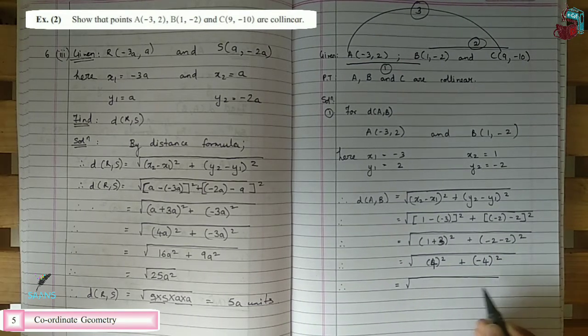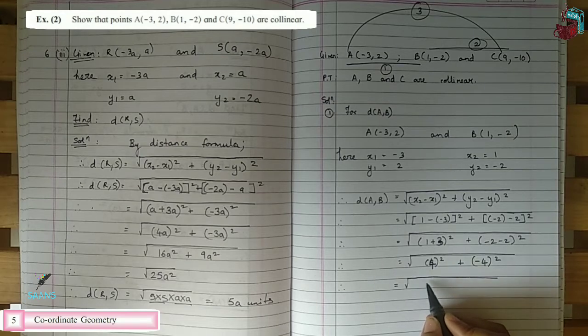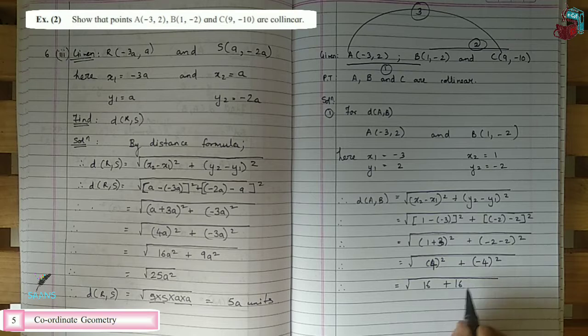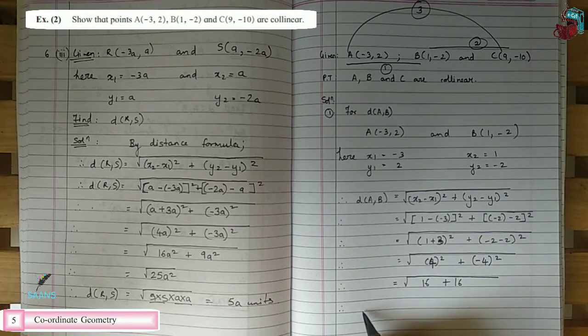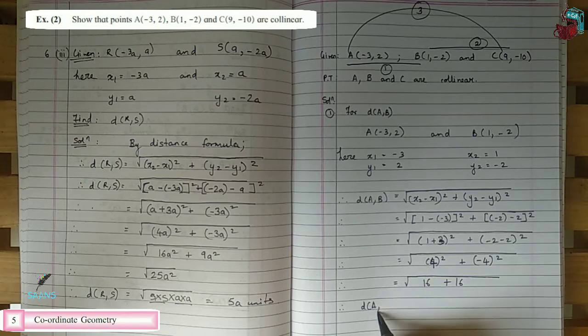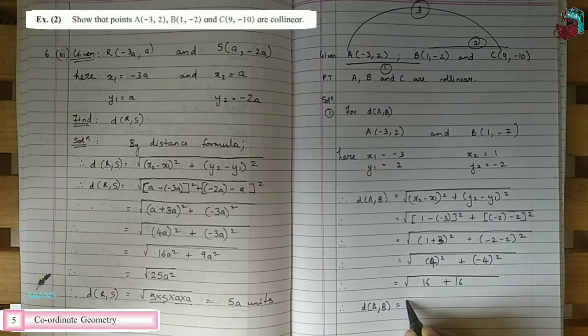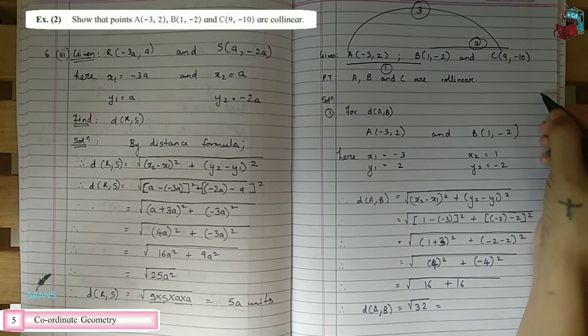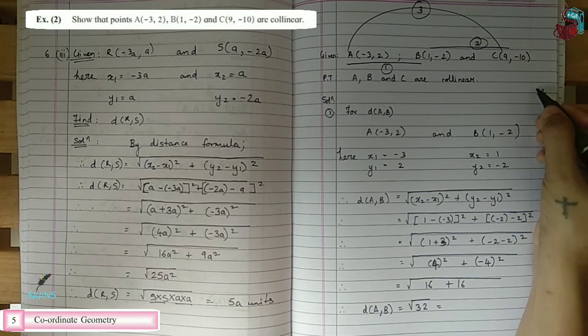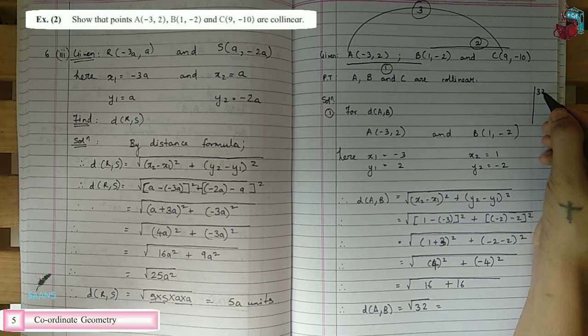So here use the distance formula only. 4 4s are 16, plus 16. Okay. Therefore, distance A comma B is equal to under root 32. Now under root 32 can be written as, see, I will take the LCM over here and show you all.